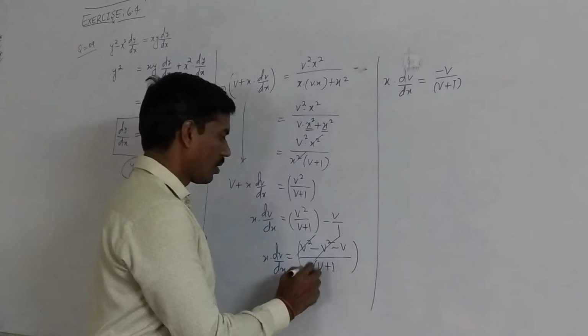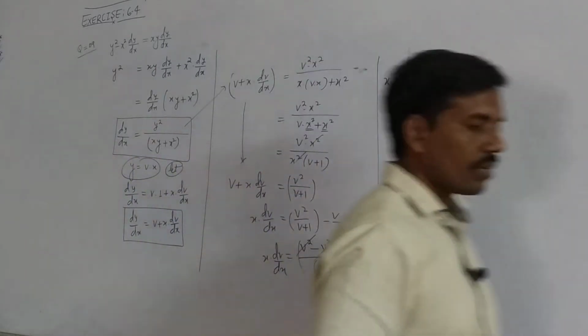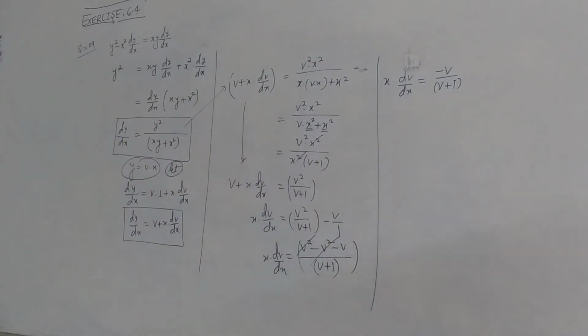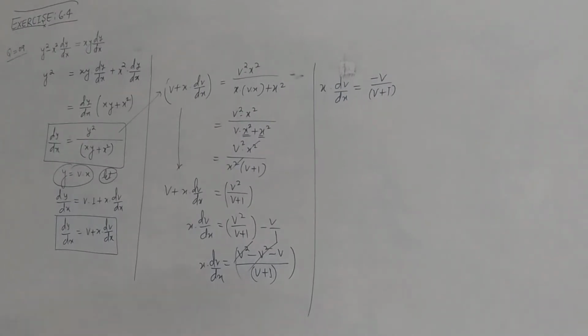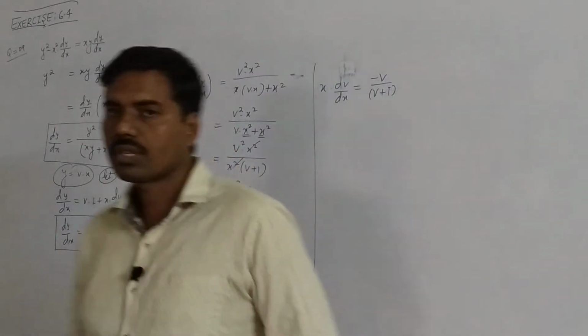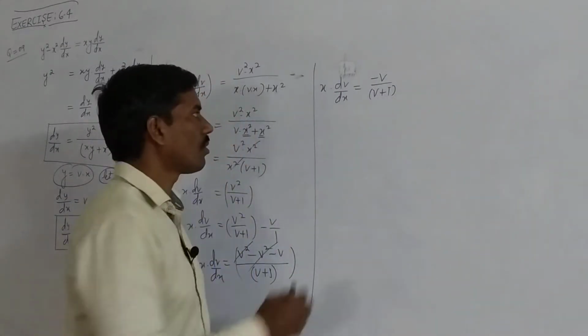Okay, then we have to transform; we have to send dv with the functions of v, and dx with x, using variable separable form.